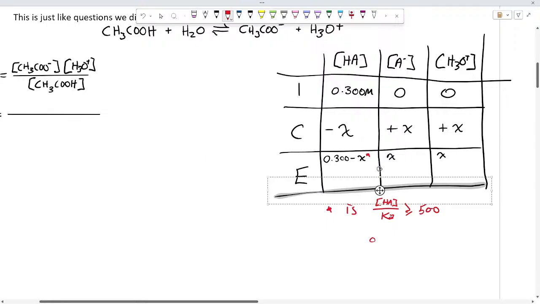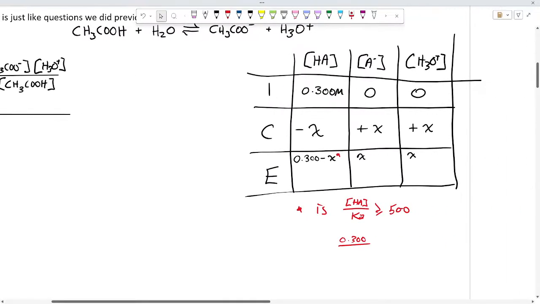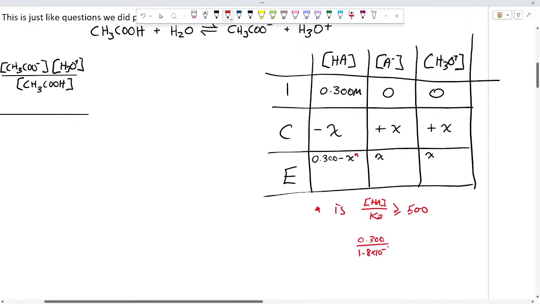The concentration is 0.300, and we said the Ka was what again? 1.8 times 10 to the negative 5. That should be a little less than 2, like 1.7 or so, times 10 to the 4. Somebody do that on the calculator.